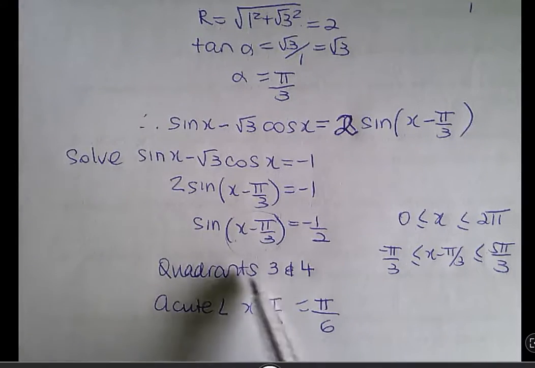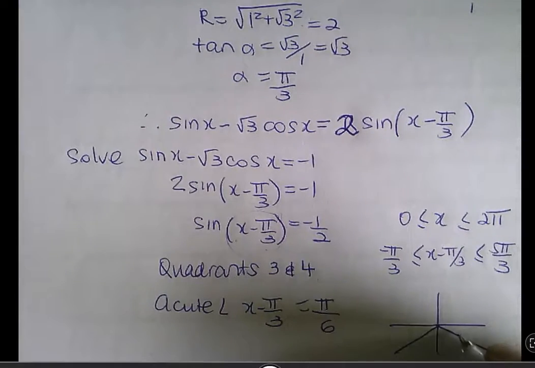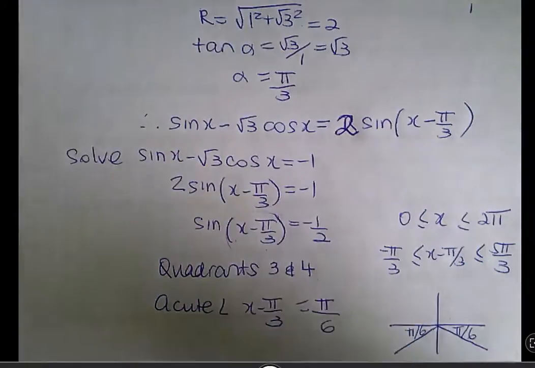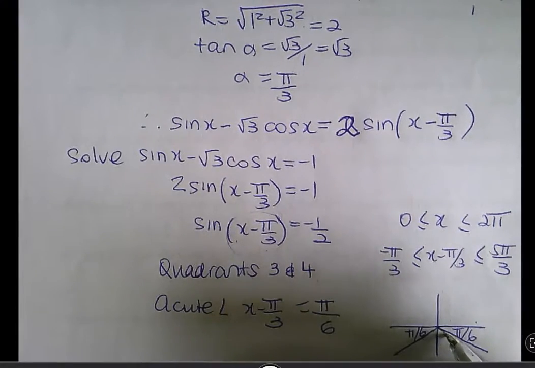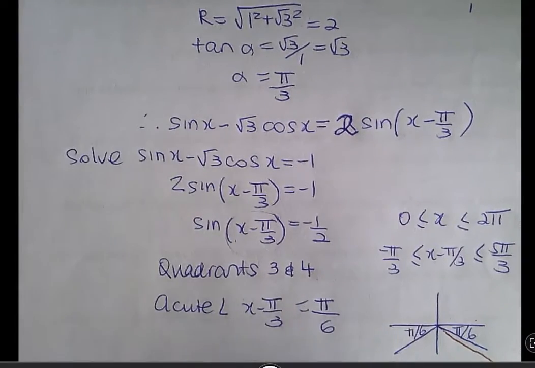So I've got to come back to quadrants 3 and 4. So I draw my little thing, quadrant 3, quadrant 4, pi on 6, pi on 6. Right, minus a third pi, that's bigger. Here's your, where's 5 pi on 3? It's about, I think it fits in. Because isn't 1/6 smaller than a third? All right, it fits.